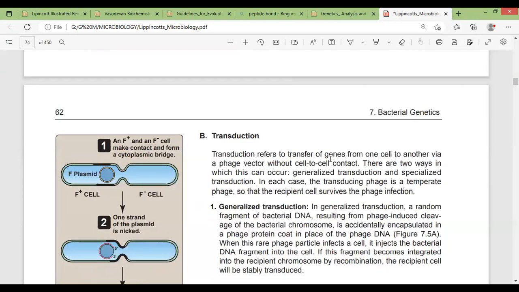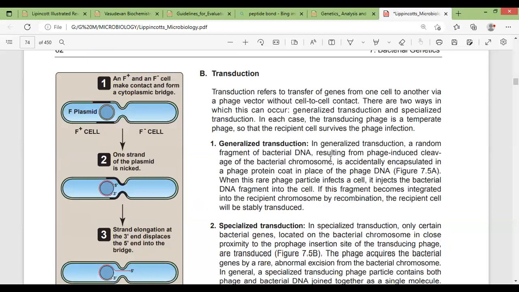Right. Now let's look at transduction. Transduction, not conjugation, especially because conjugation is one of the most common ones. Now for transduction, we have, in conjugation we had a sex pilus, right? So you can say it was the man behind the screen or behind the curtains.